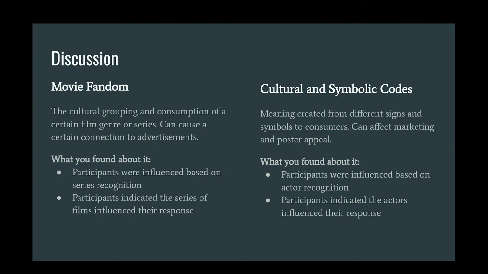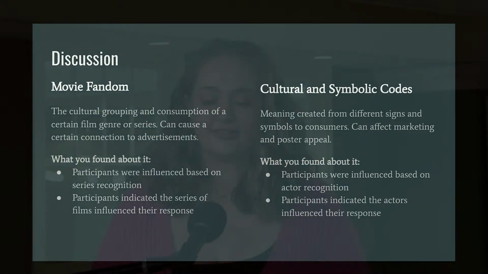Cultural and symbolic codes go back to what we were talking about with semiotics theory. It impacts the meaning you make out of somebody or an icon. For example, Will Smith can influence your decision making. We found using our Likert scales, as well as our open-ended questions, that people did not like Will Smith, and so that impacted their responses. It gave us a lot to think about, unpacking it.